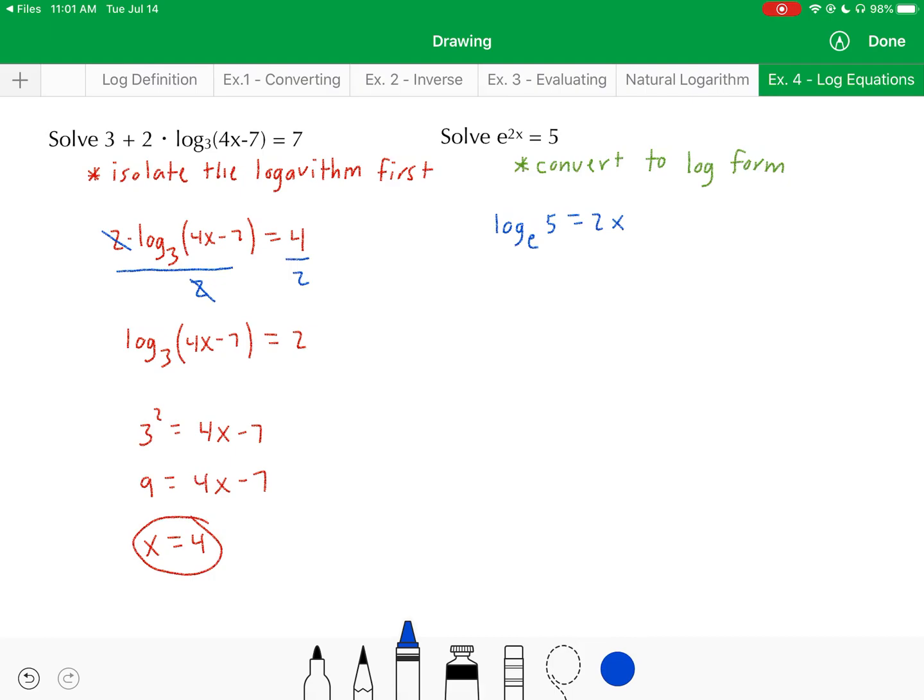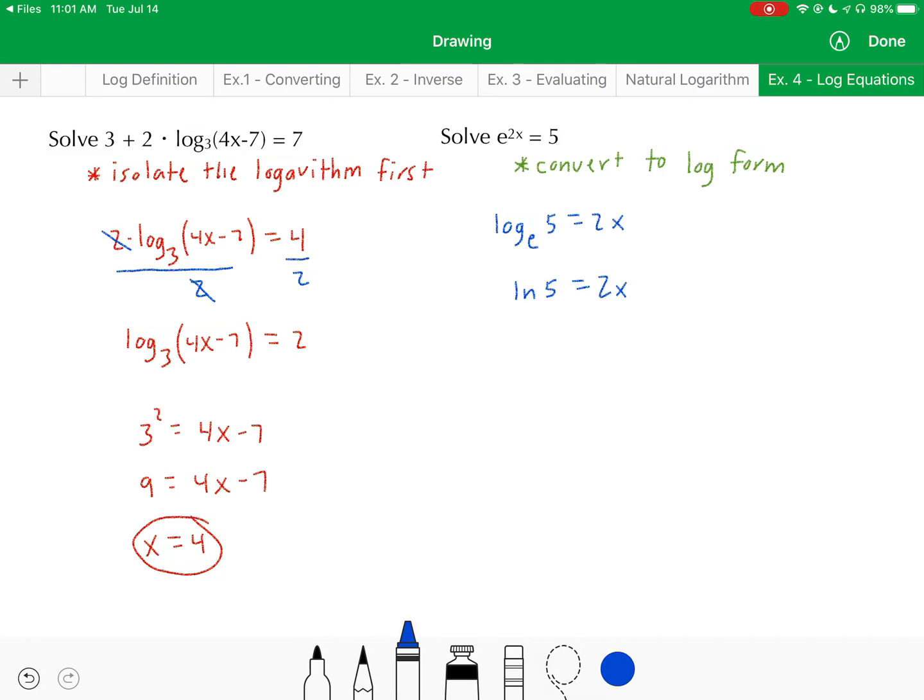And a log of base e, that's the natural log. So this is really written as the natural log of 5 is equal to 2x. This is very abstract because it is new to you, but understand that the natural log of 5 really represents a numerical value. It's the value of e to what power equals 5.